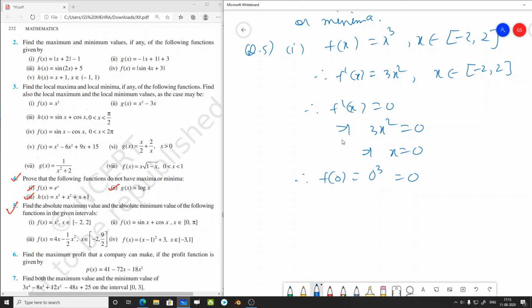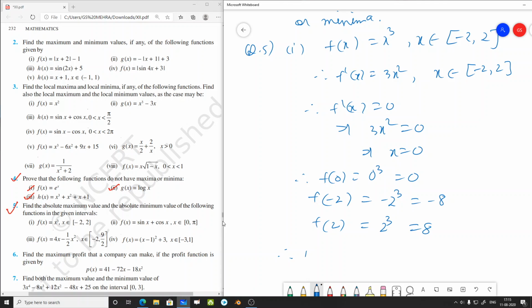Also now we will find the value of f(x) at minus 2 and 2. f of minus 2 equal to minus 2 cube, that is minus 8. f(2) equal to 2 cube, that is 8. Therefore now what we have to find is the absolute maximum value, means global maximum value, and global minimum value.